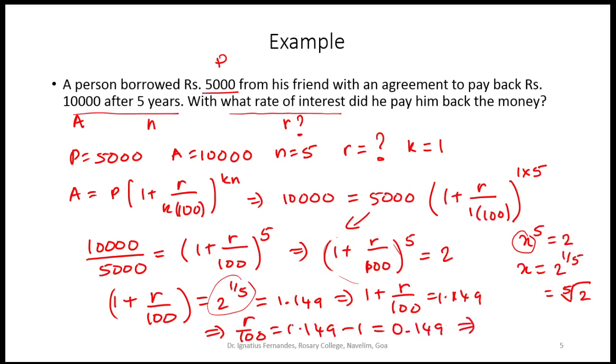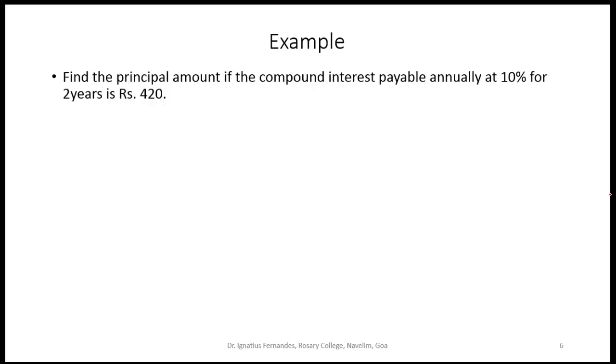So cross multiply this 100: R will be equal to 100 multiplied by 0.149, which is 14.9. So we have found out the value of R. It is 14.9%, the rate of interest at which he is paying back the amount that he borrowed. We will go to the next example.